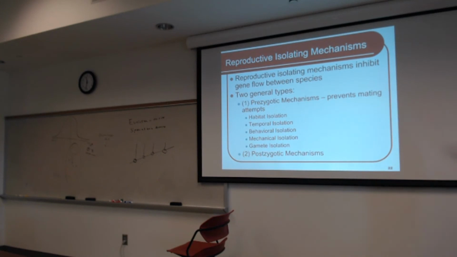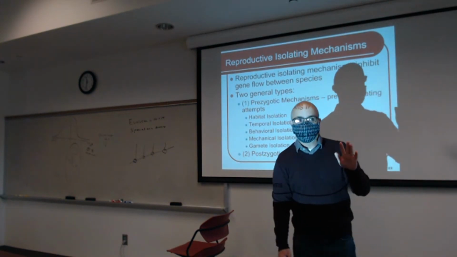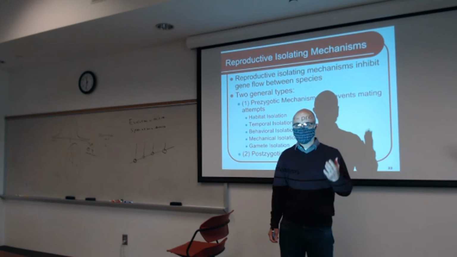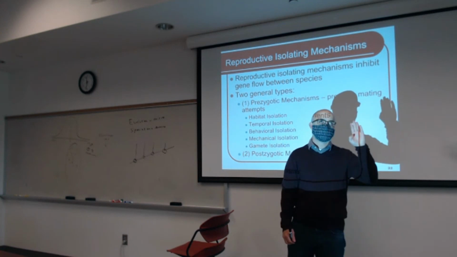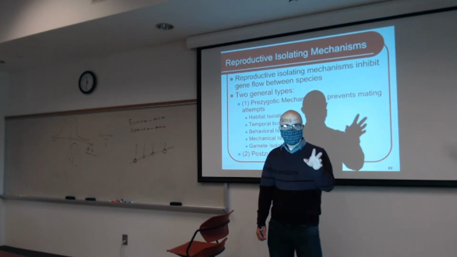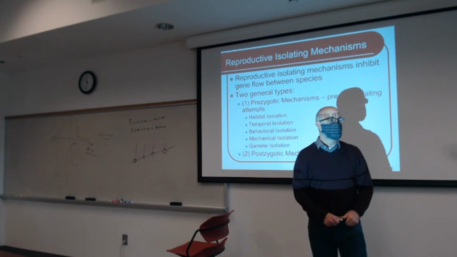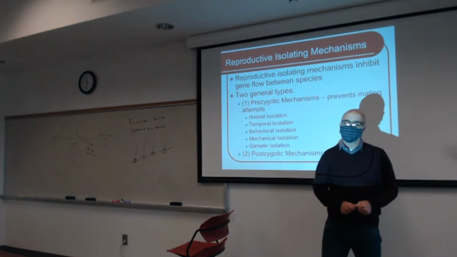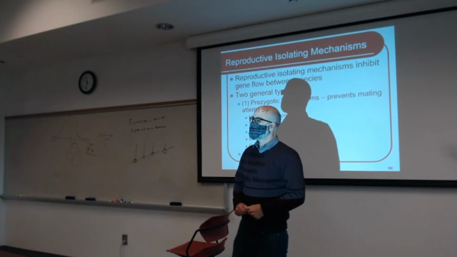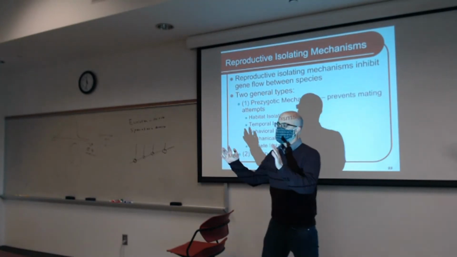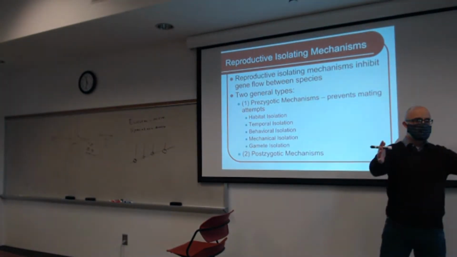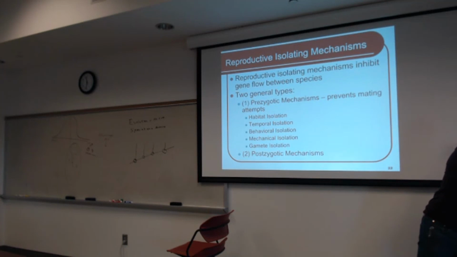Now, one of the very first lectures, I think maybe it was the first lecture, we talked about what a species is, about the biological species, morphological species, phylogenetic species concepts. And we said, basically, at the end of the day, what makes a different species is that it's a group of animals that is reproductively isolated from another group.